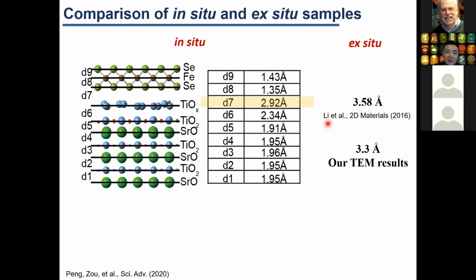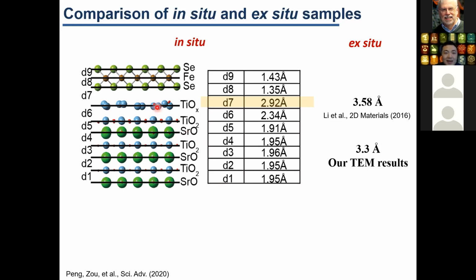That may explain why the in situ sample always has a higher TC compared to ex situ. No matter what kind of coupling you have between the substrate and the iron selenide, if the distance is smaller, the coupling will always be stronger, and that pushes the TC of the in situ sample higher than ex situ samples. So that's another important observation we think we found.